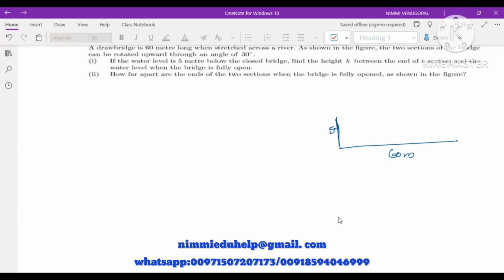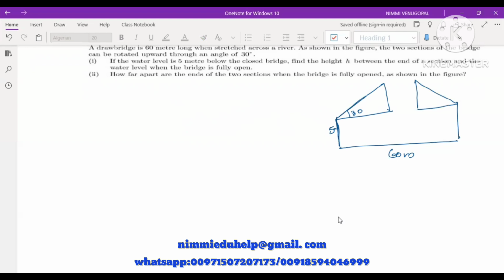Suppose the bridge is like this, 5 meters above. The angle of elevation is 30 degrees.